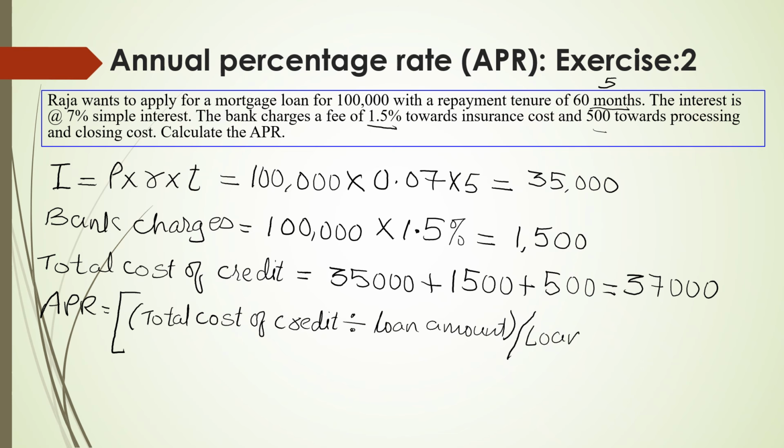Loan term means for how much time the loan is taken. It is 60 months, which means 5 years. Multiply by 1, multiply by 100.